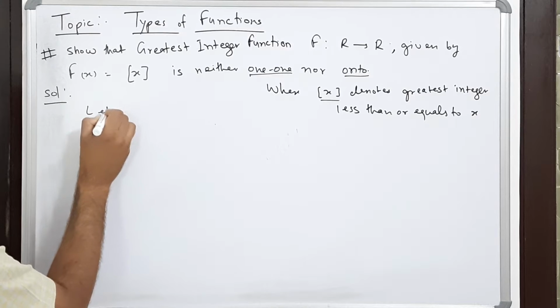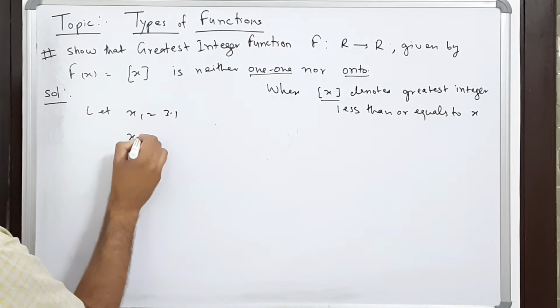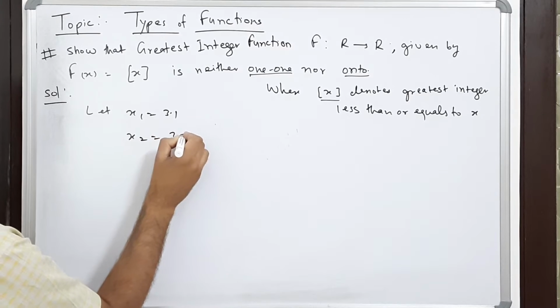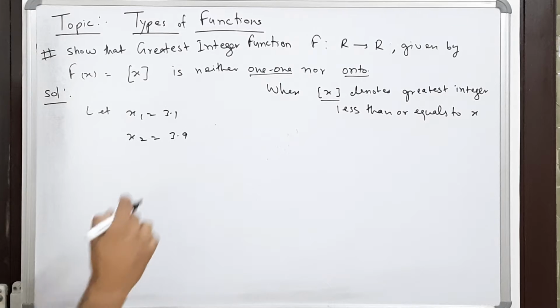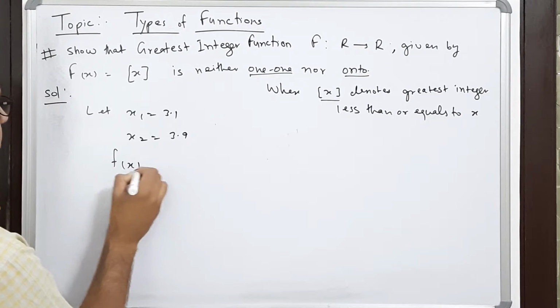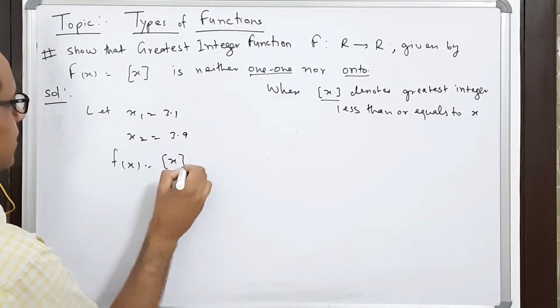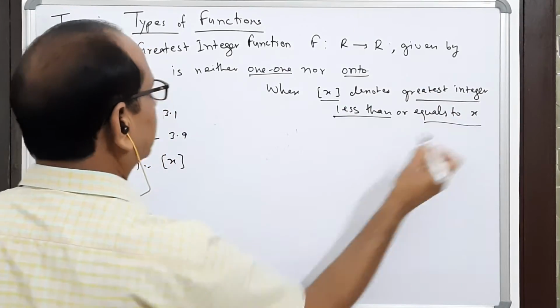Now, let x1 be 3.1 and x2 be 3.9. According to the definition of the greatest integer function, f(x) denotes the greatest integer which is less than or equal to x.